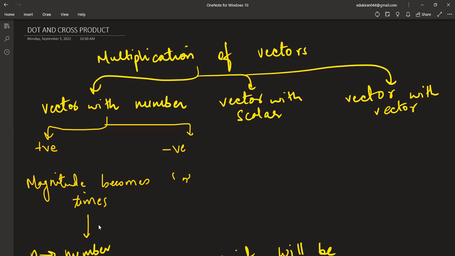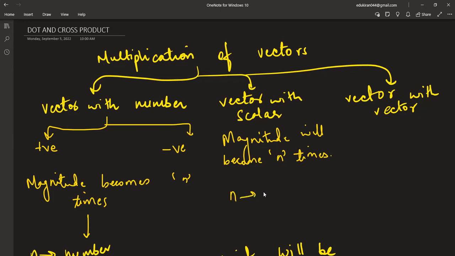But if you multiply a vector with a scalar quantity, let's say n is a scalar number, here also the magnitude will become n times.